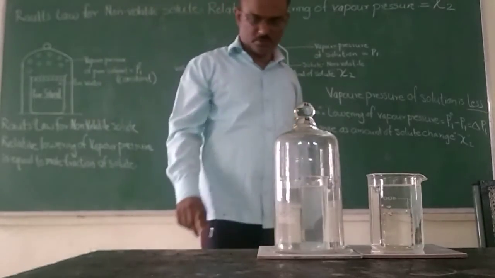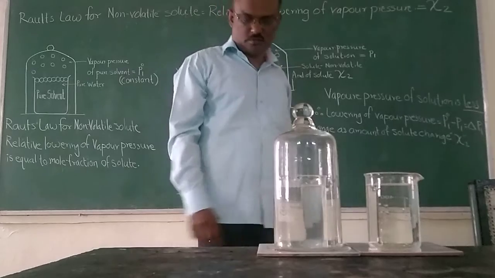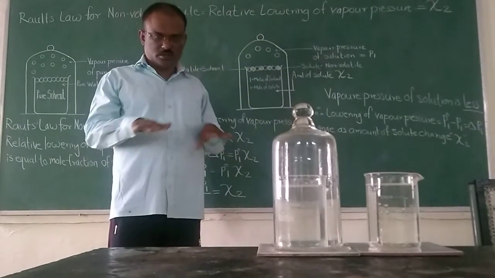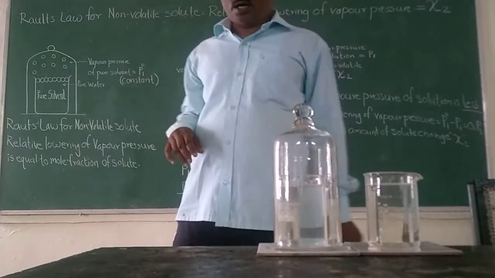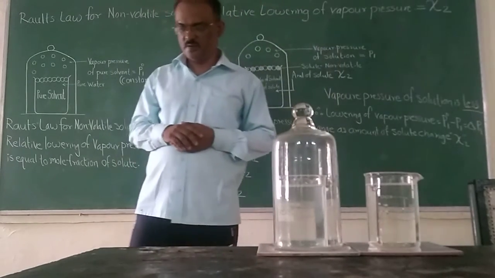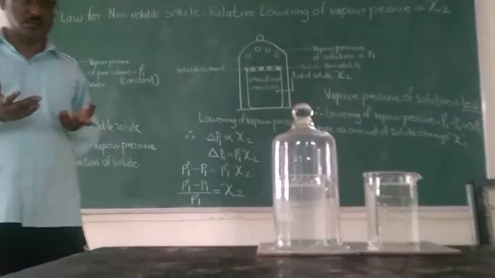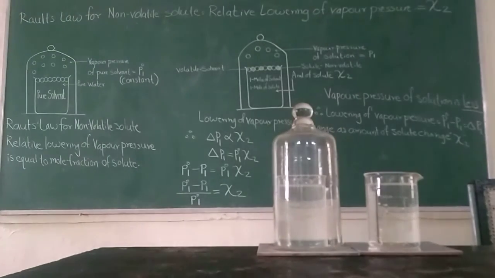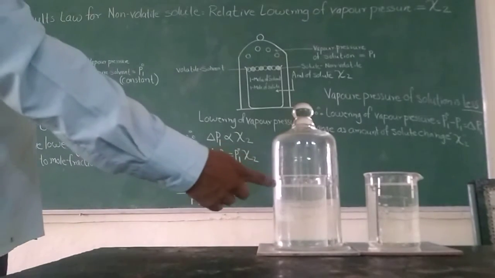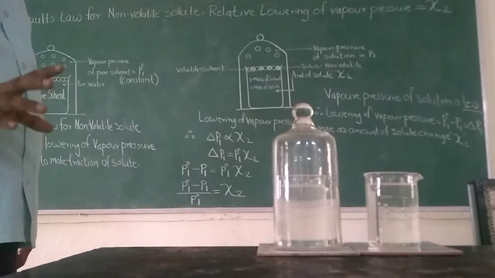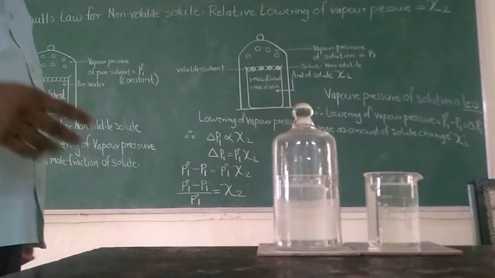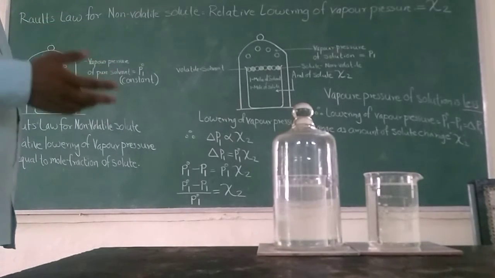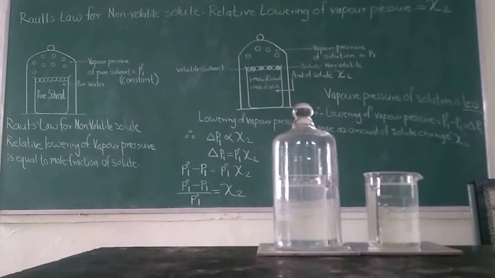The liquid molecules which are present on the surface of the water are volatile. They will be converted into vapors. Suppose on the surface of this liquid there are 8 water molecules. Actually there are crores of water molecules, but for the sake of convenience we look at this figure, which is the exact arrangement.